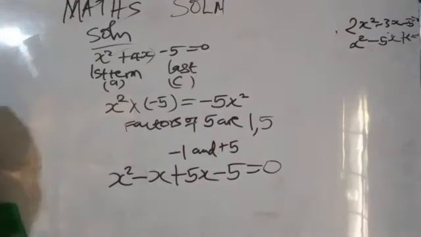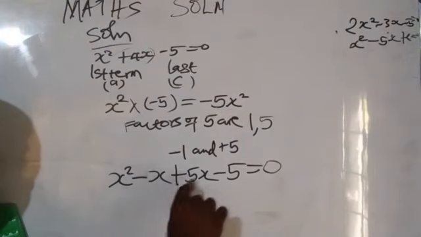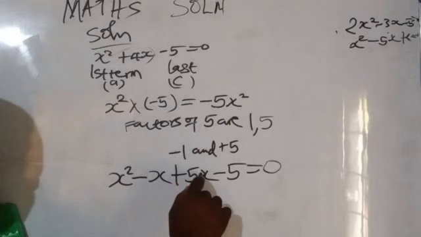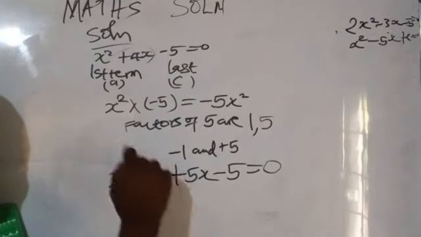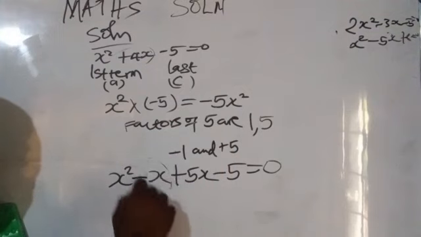Okay, so now since we have how many entries here? We have 4: x squared, x, 5x, and minus 5. So what we are going to do is bring them and separate them into 2.